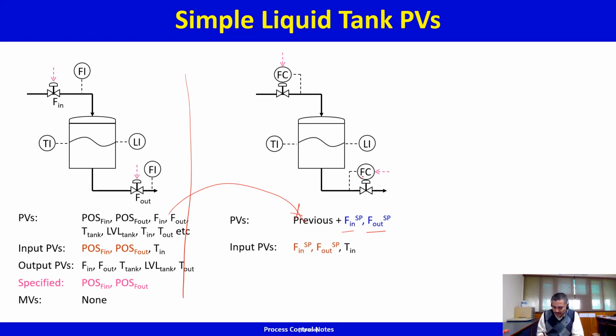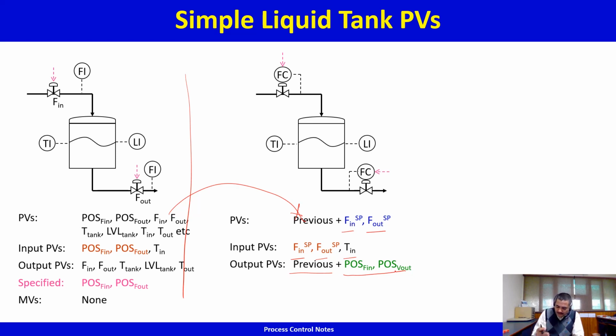So the input process variables are Fin set point, Fout set point, and T in. The output process variables are all that was there previously in this situation, plus the controller is now effecting changes in the valve positions on the in stream and in the out stream, and so these valve positions are affected or output process variables.